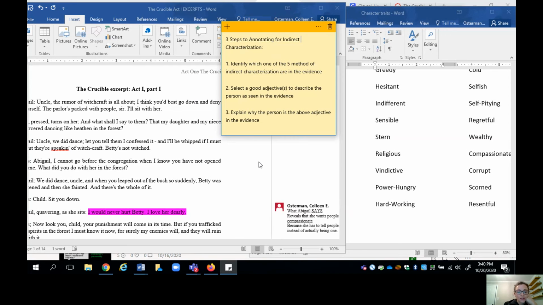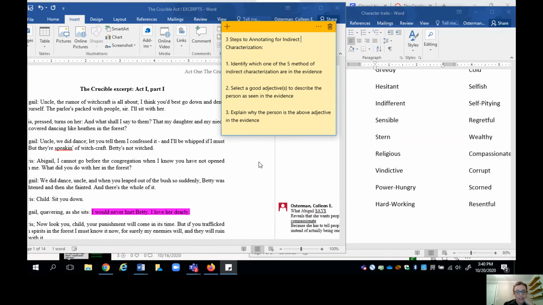It's important to understand what type of indirect characterization is seen here. This is what Abigail is saying. So we might know that she is manipulative, but in this piece of evidence, what she is saying is that she loves her cousin. So what is she trying to convince people of? We have to come back to our list.